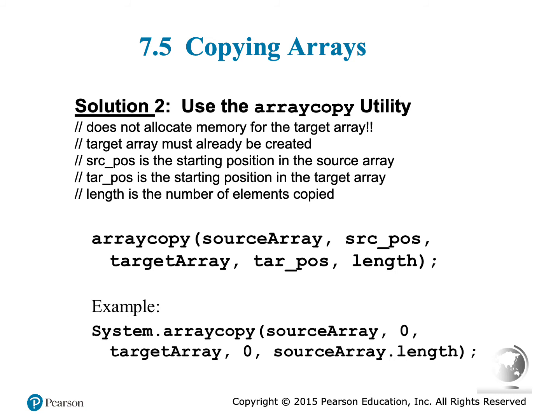The second parameter is the starting position in the source array, where the copy is to begin, so 0. The third parameter is the name of the target array, so list2. And the fourth parameter is the starting position of the target array, so 0. And finally, the fifth parameter is the number of items to be copied, so list1.length.